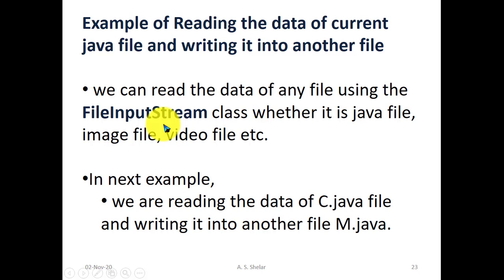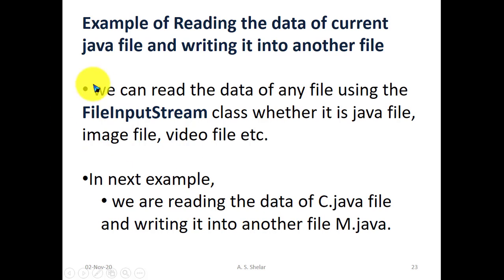we have a different approach. For example, from the c.java file I want to read data, so we can read the data of any file using the FileInputStream class, whether it is a Java file, image file or video file. For example, we are reading the data of the c.java file and writing into another m.java file. So in that example, we have to go with the FileInputStream class.